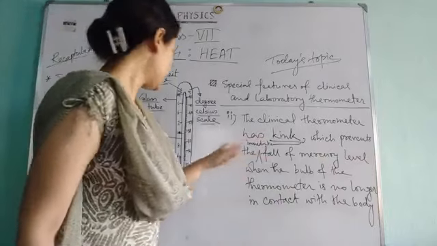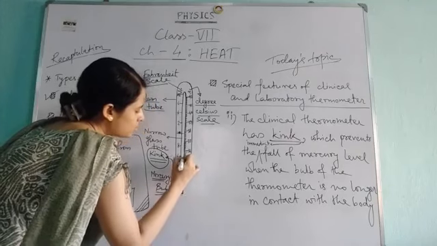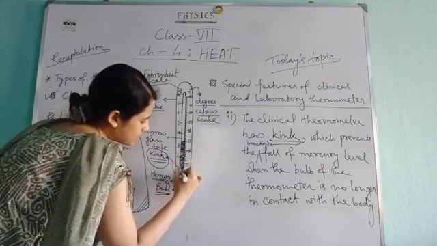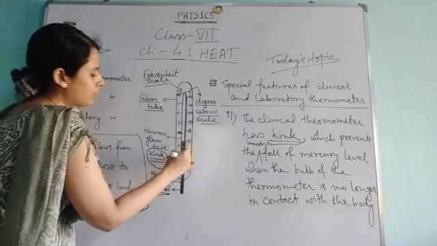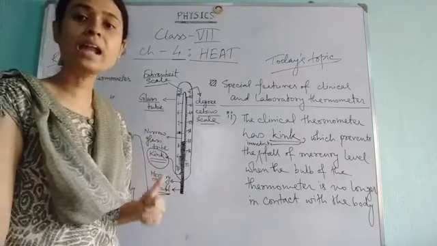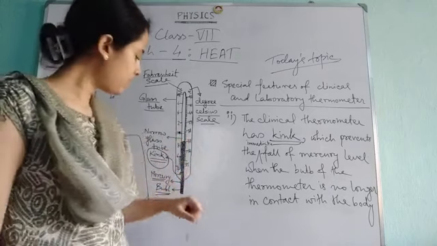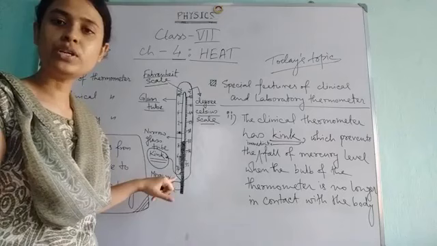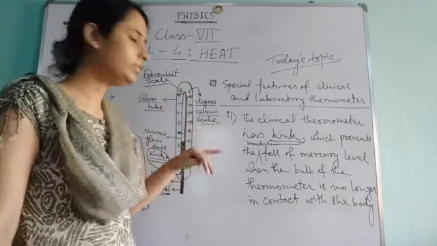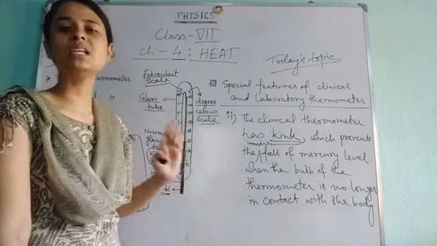So this kink, suppose you have measured the temperature and it has gone up to 37 degrees Celsius. When the thermometer is no longer in contact with the body, we can still read the temperature at its proper position only because of this special feature known as the kink, because this kink restricts the fall of the mercury level immediately when the thermometer is detached from the body.